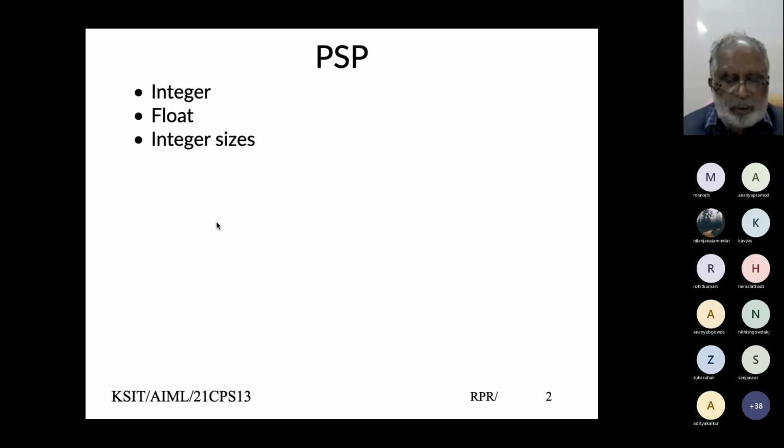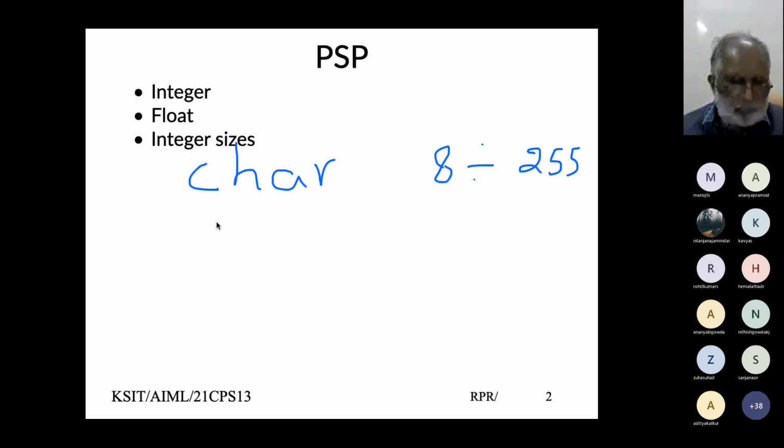That means the maximum value can only be 255. If I need an integer, which I'll define as up to 16 bits, that notation is called short, which uses 16 bits, and the maximum value can be 65535.